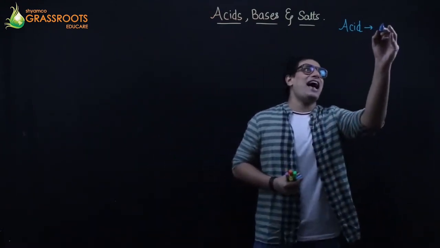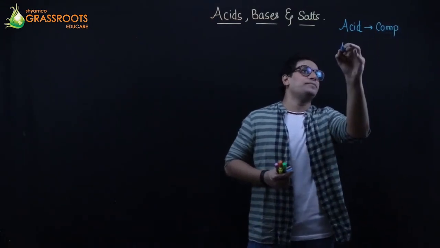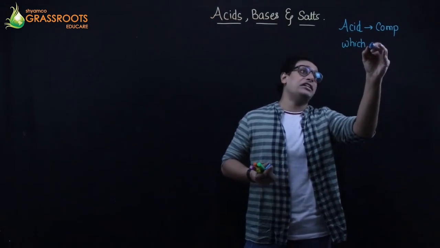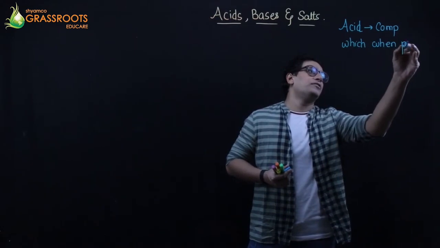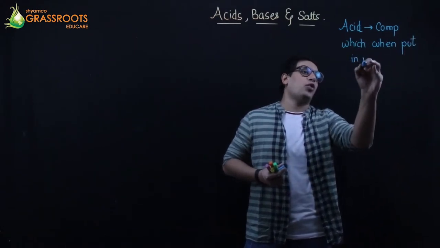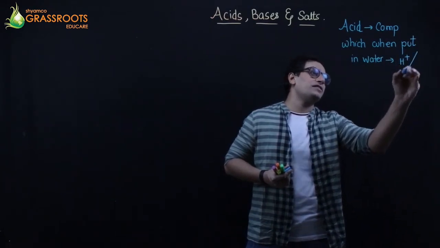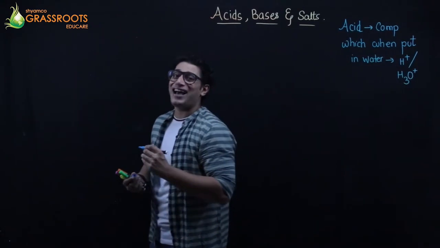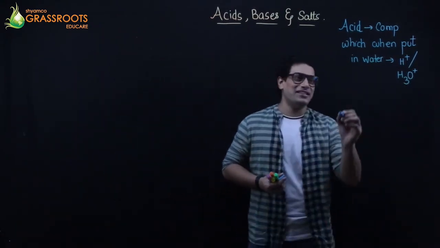So I can say an acid is a compound which, when put in water, yields H plus or H3O plus, that is hydrogen ion or hydronium ion. This is what an acid is.